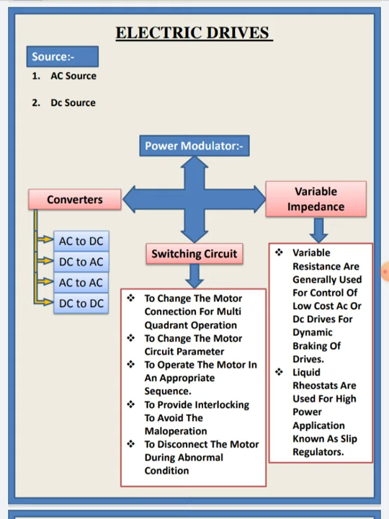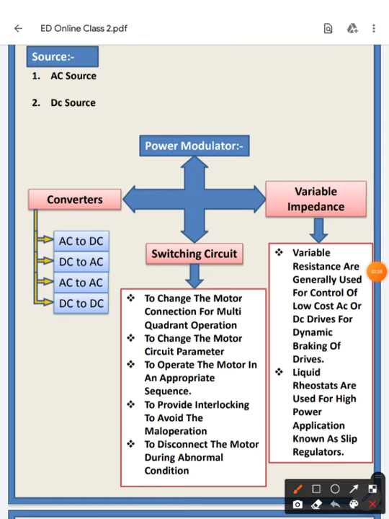So what do we mean by source? As we are dealing with an electrical drive system, it must be an AC source or a DC source. If we think about the AC source, there are two kinds: single phase or three phase.